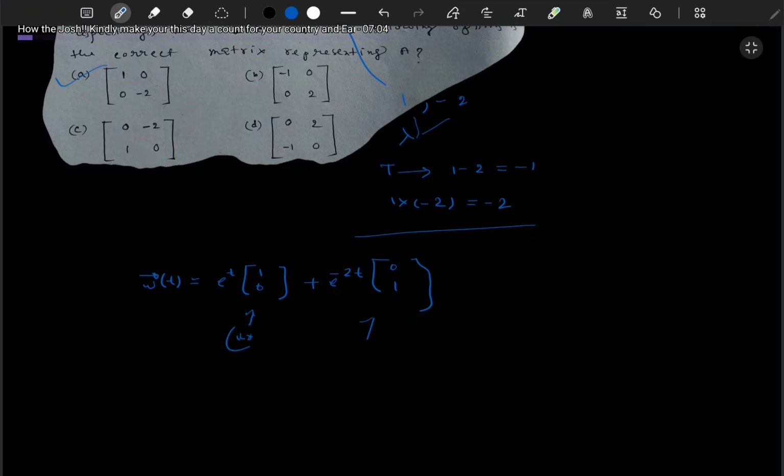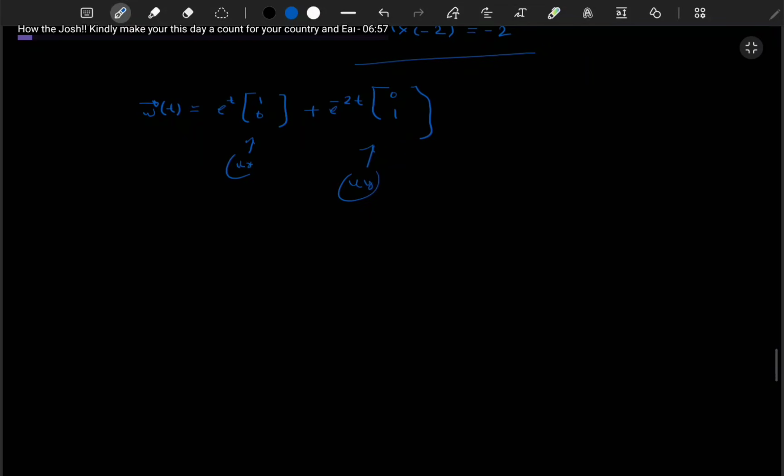Because of ux and because of uy, then we're performing this derivative. e to the power t, e to the power minus 2t. a b c d, e to the power t, e to the power minus 2t.